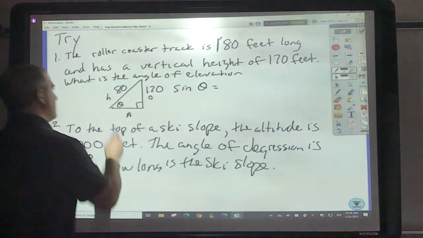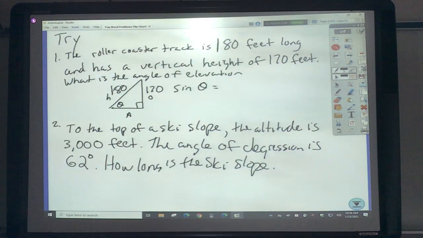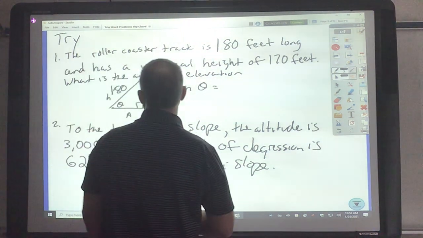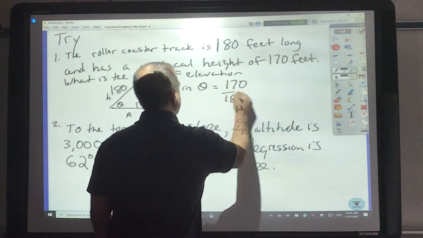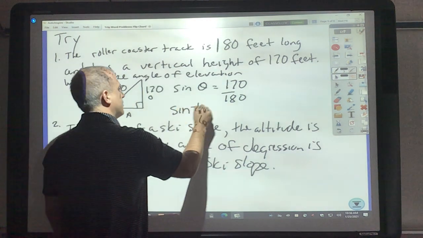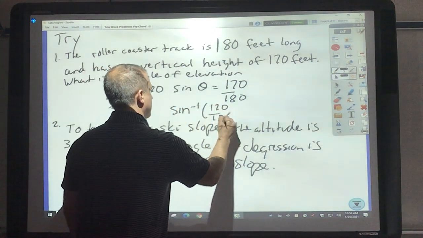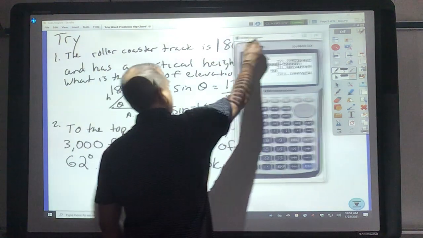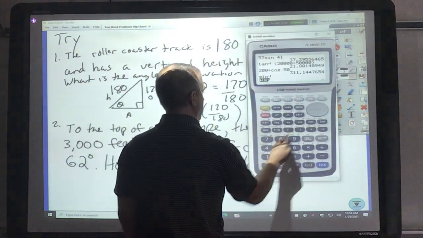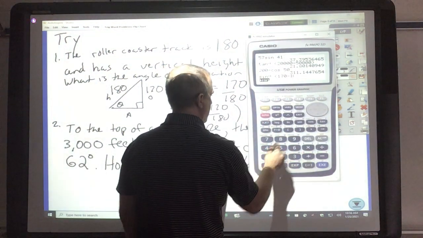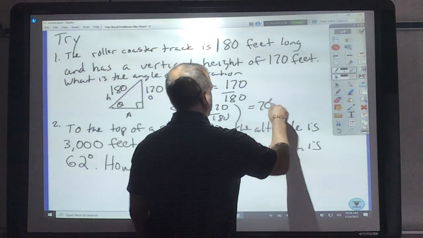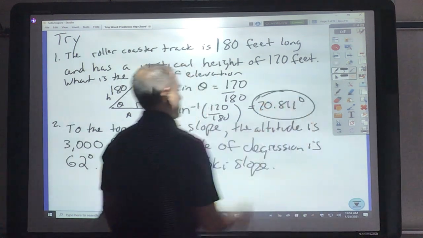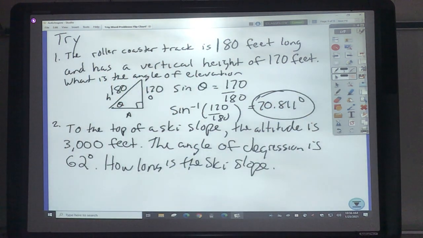It's got to be 180, sorry, that wouldn't make much sense. So sine of theta is 170 over 180. To solve that, I do inverse sine of 170 over 180, which is 70.81 degrees.